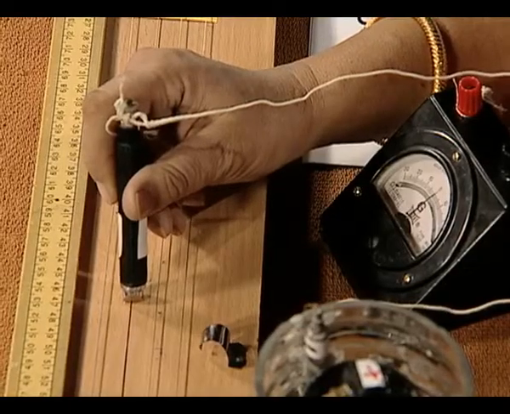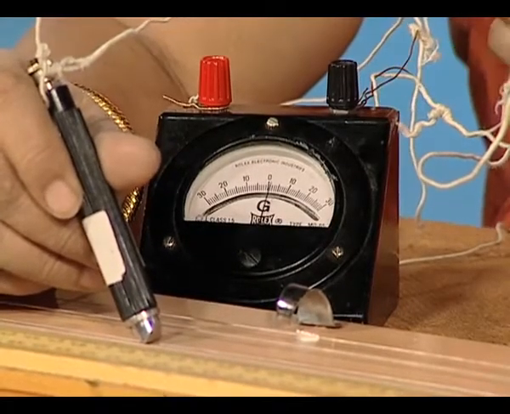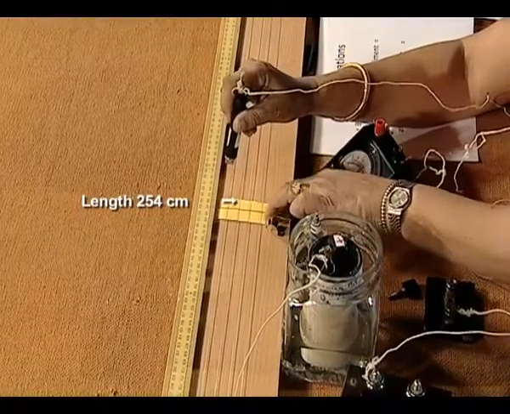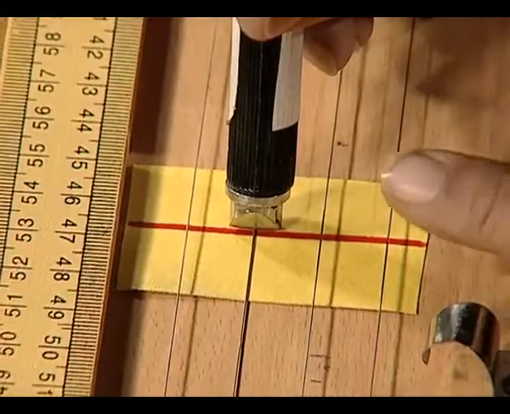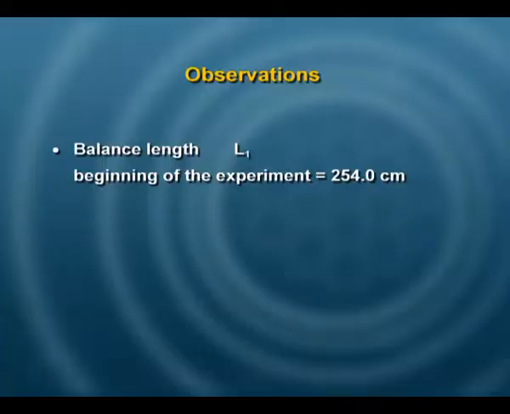Carefully note this value of L1, where there is 0 deflection in the galvanometer. This length is 254. So, you can check this value from here. At the beginning of the experiment, this balance length L1 is 254 centimeters.